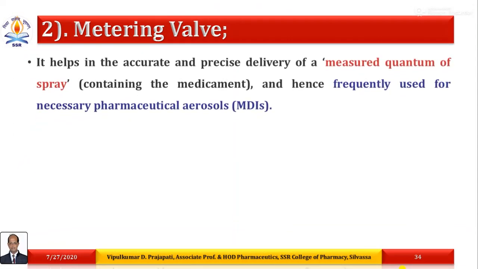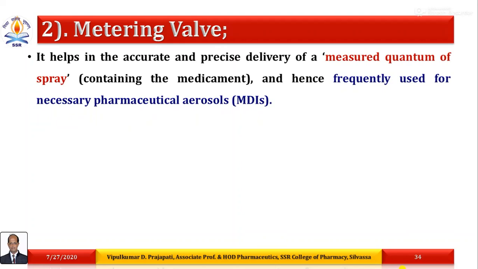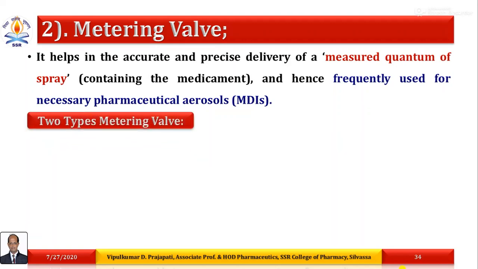Next, it helps in the accurate and precise delivery of a measured quantum of spray containing the medicament, and hence is frequently used for pharmaceutical aerosols, namely metered dose inhalers. There are two types of metering valve.